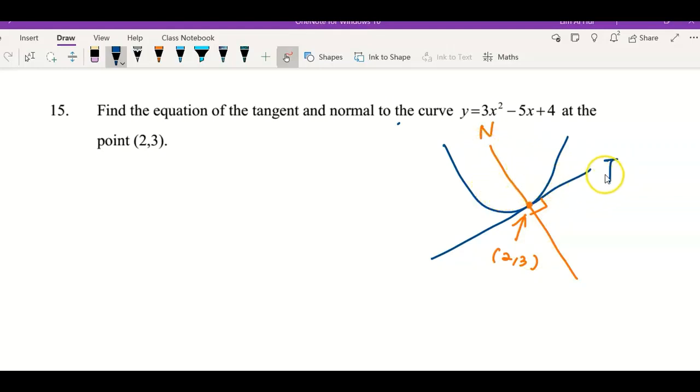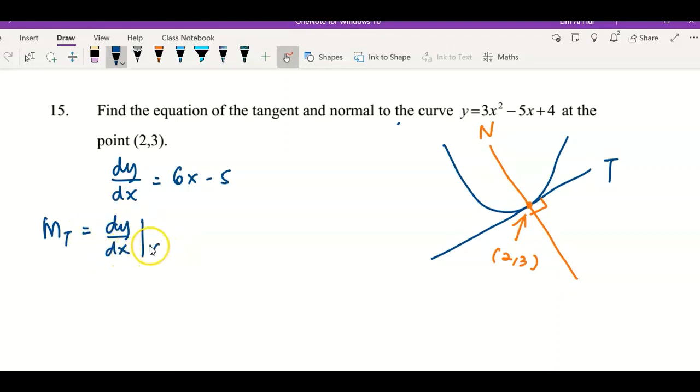To get the equation of the tangent, I need to get the dy/dx first in order to determine its gradient. dy/dx is 6x minus 5. So to get the gradient at this specific point (2, 3), I need to substitute x equals 2 into my dy/dx. I have 12 minus 5, that will be 7.